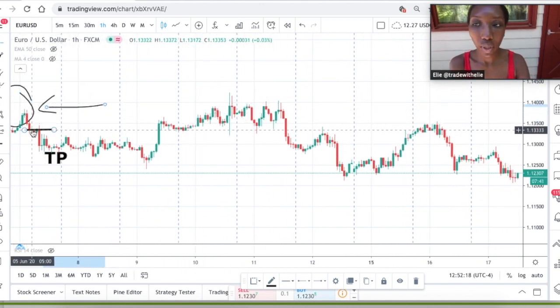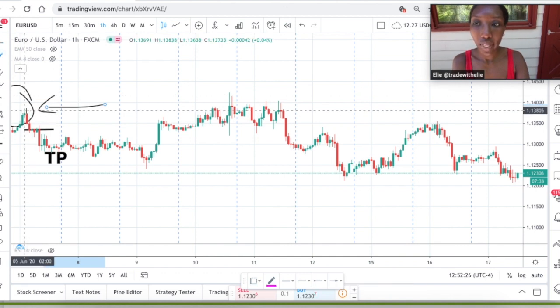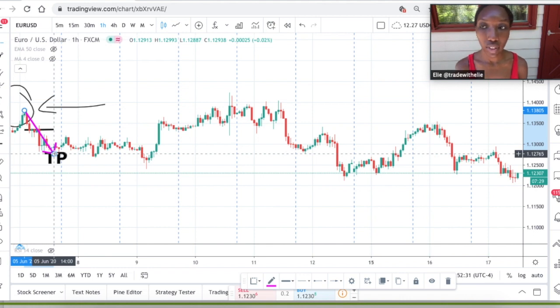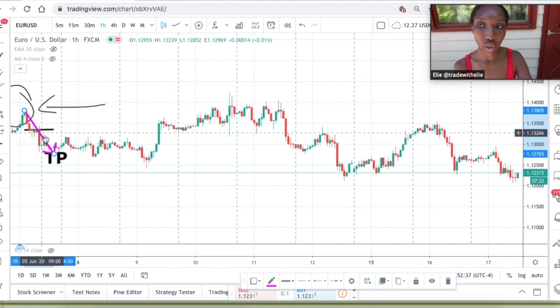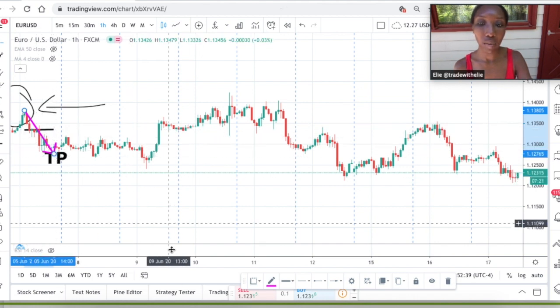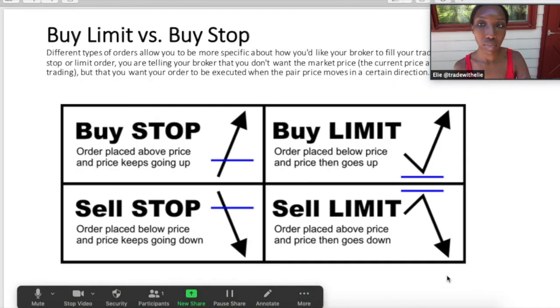We have our pending order below price, and our take profit is here. So what's happening? We have this one direction of this drop. We have price here going to activate our sell stop and it's going to continue going down to our take profit, moving in that solid one direction that we discussed.